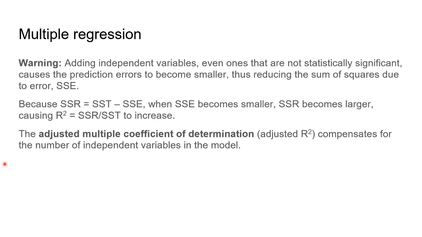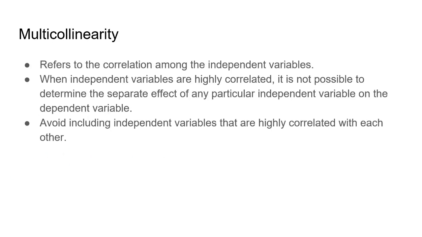And so it is best practice to adjust the R-squared to compensate for the number of independent variables added to the model. It is also good practice to be careful about independent variables being correlated amongst themselves, because if they are highly correlated, it is not possible to determine the separate effect of any particular variable on the dependent variable. So we should avoid this.